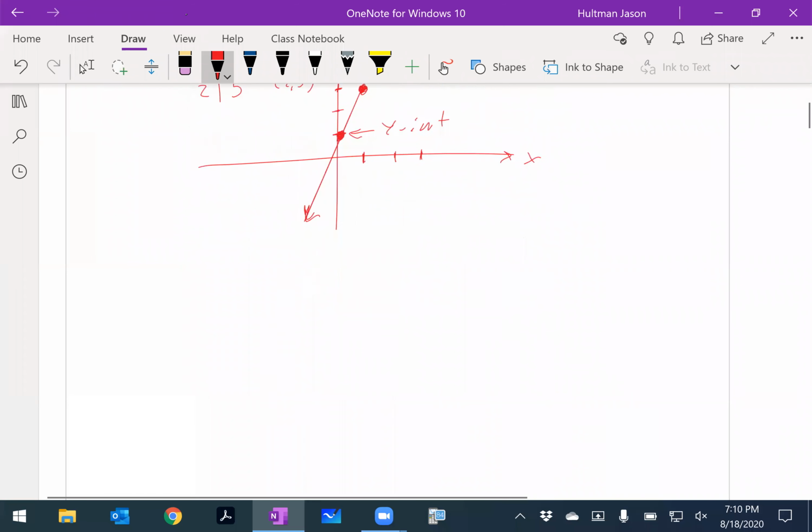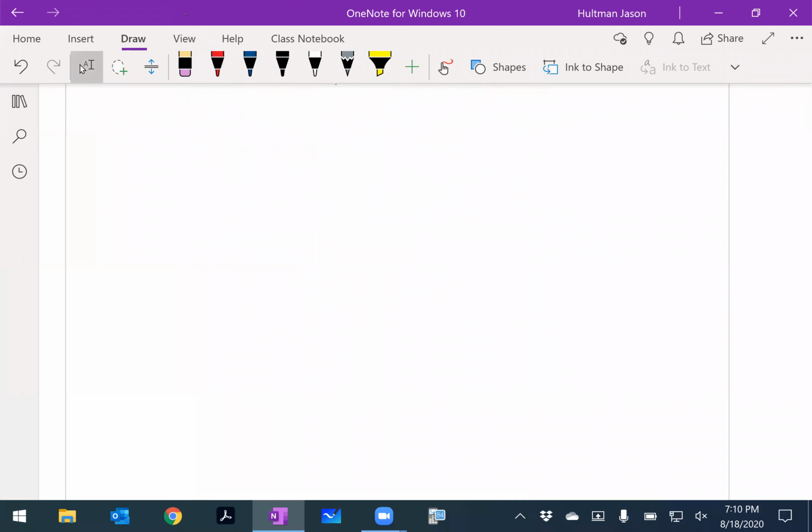Let's graph one more. Number 2, let's graph 3x plus 5y equals 10. I'm going to solve this for y, to get this into what we call slope-intercept form.